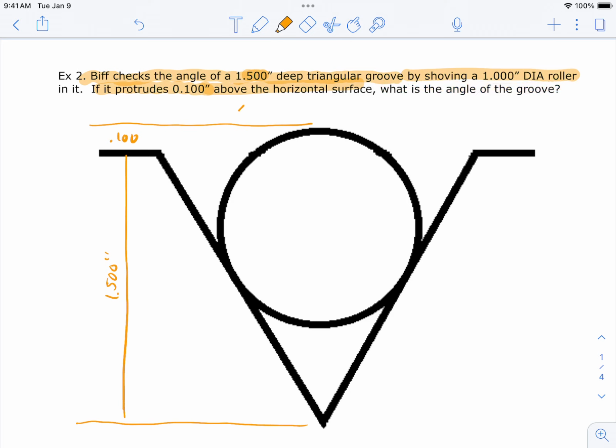Okay. Let's get some of this stuff out of the way here. Now, how are we going to get the angle of the groove? Well, we need to make triangles somewhere, right? Let's call that the center of the roller. Now, I know that this is perpendicular, so that makes me think, let me see if I can use this somehow. Well, dig this.